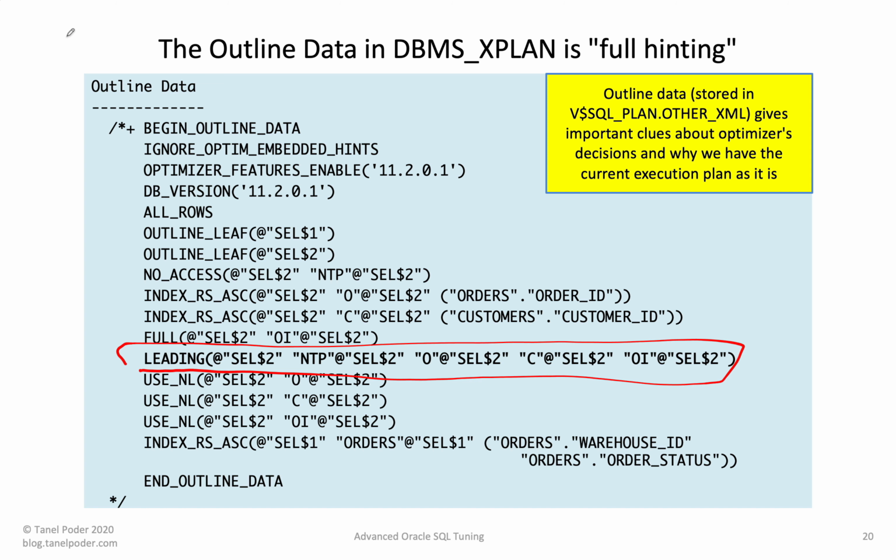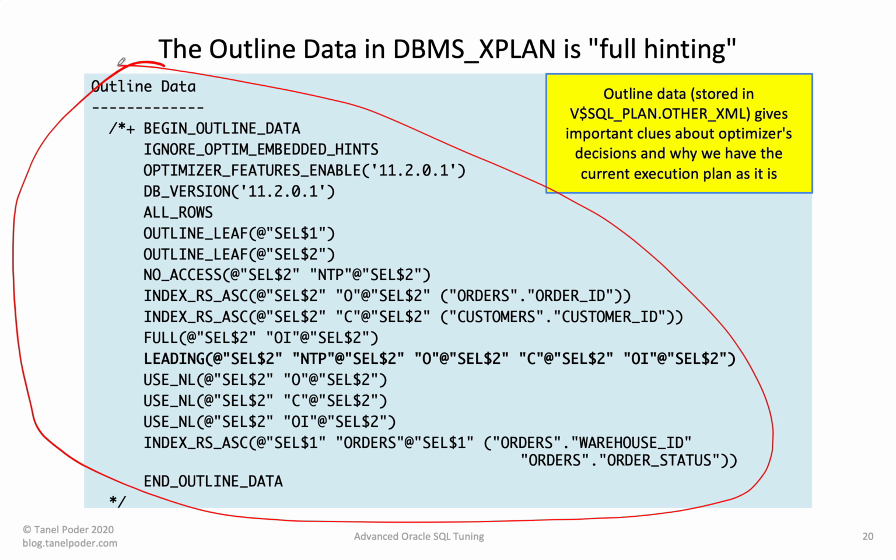You manually hint the join order with the leading hint, then you run the whole query again. And if now with your manual change, or even if it's an index or a join method change, you run it manually and it works, that's when you take the entire outline of this good plan you just achieved and you fix this entire outline, right?